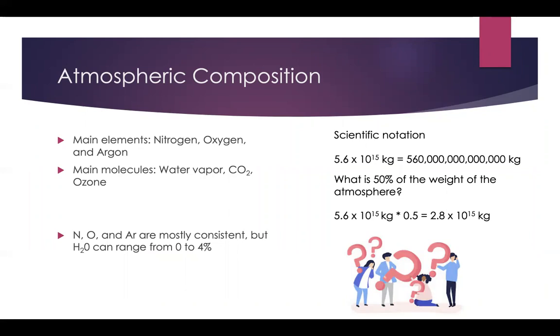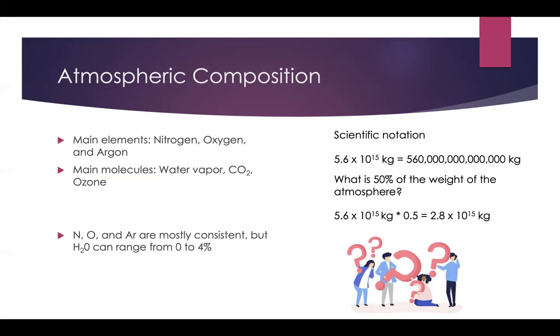Nitrogen, oxygen, and argon are mostly consistent. You'll find those percentages in your lab book, but water vapor can range from 0 to 4%. So it really depends on the weather, what time of day it is, and that kind of changes the water vapor in the air.